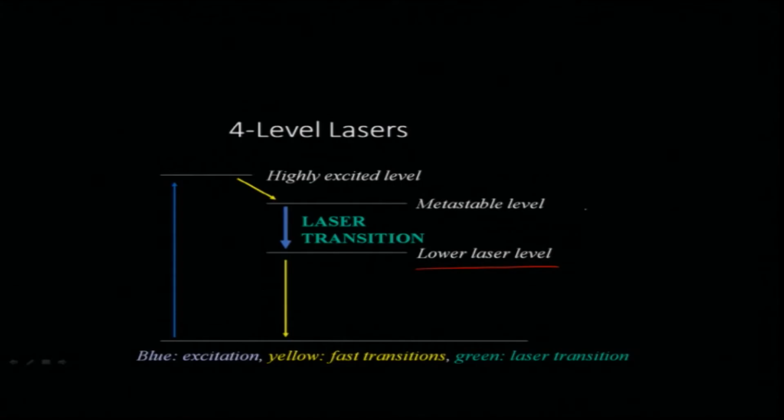And this is in some sense a much easier way of producing an inversion, because the lower level state, with respect to which the metastable state is being populated, can easily achieve the inversion, because it could be a situation where neither of them had enough population to start with, and so bringing in the population through the highly excited state to the metastable state can quickly achieve population inversion.